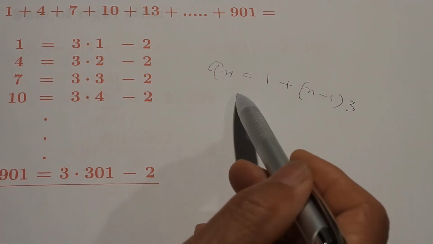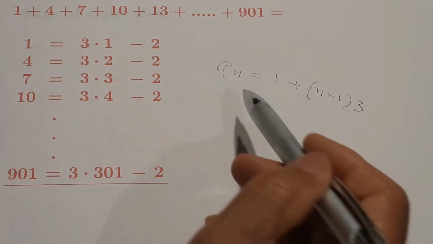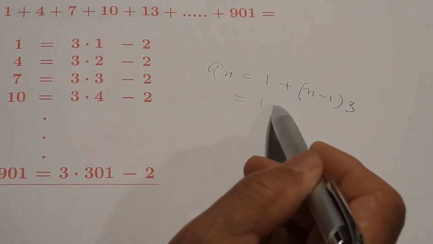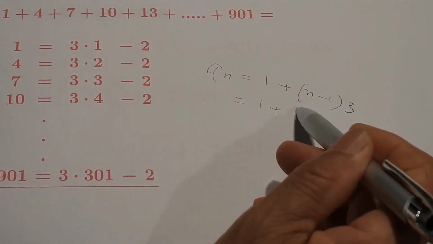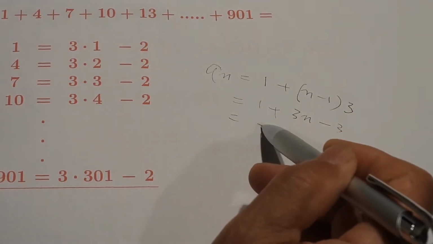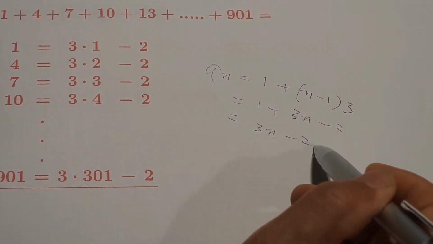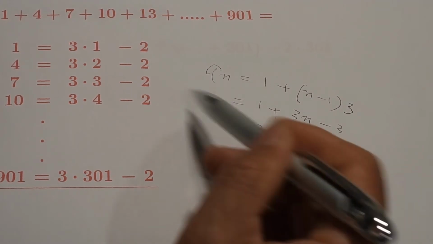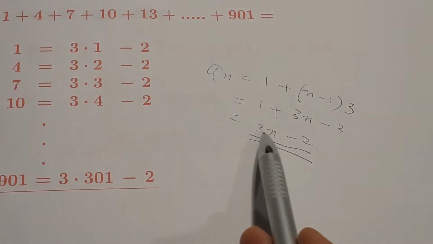Using this one, simplify this. It turns out 1 plus 3n minus 3, which is 3n minus 2. That's why we use this one here. Okay, 3 times the value of n from 1 all the way up.